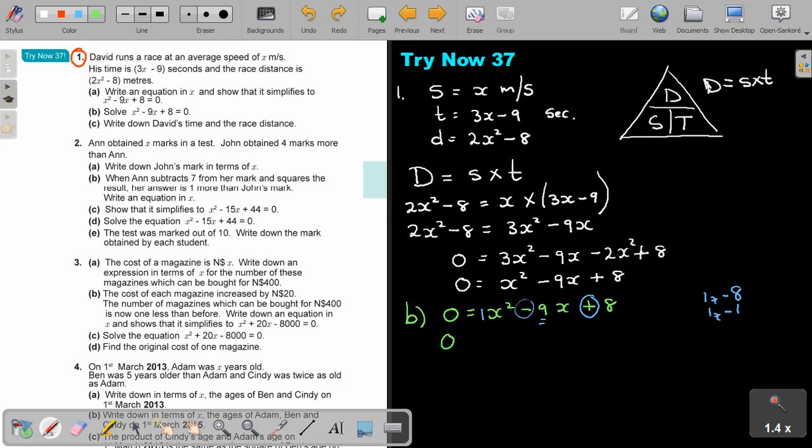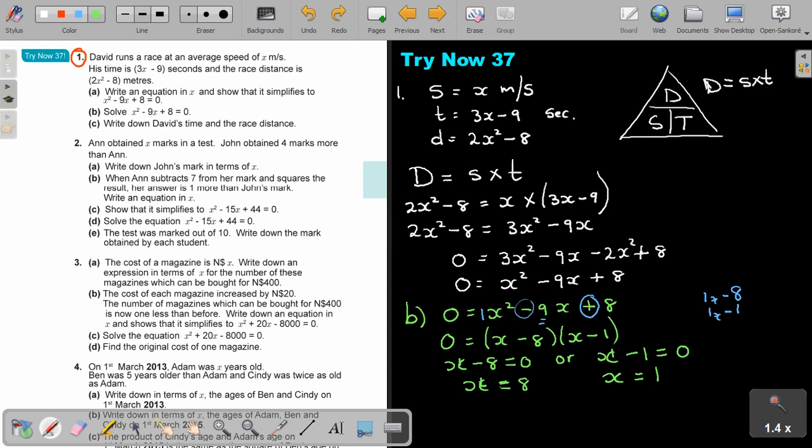So I will get x minus 8, x minus 1. So x minus 8 equals 0, or x minus 1 equals 0. So x equals 8, x equals 1. Okay, so don't reject any answer.